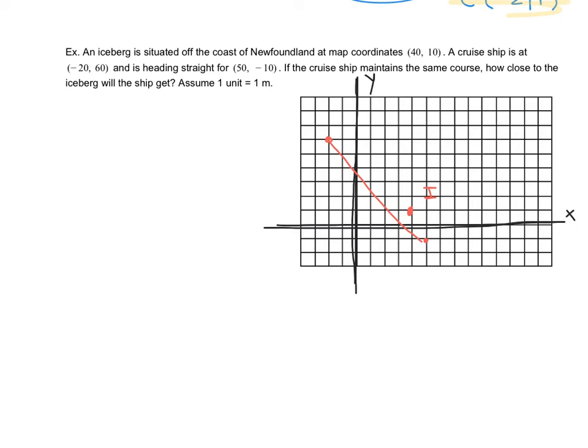So I want you to pause the video here. And I want you to try to apply the steps that we just did above for this scenario. So based on what I just drew, your first step is to find the equation of this line. Then after that, we want to find the altitude. So step 2 is to find the altitude.